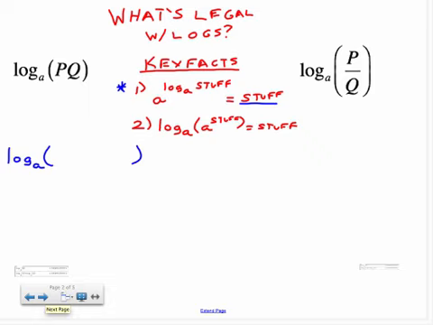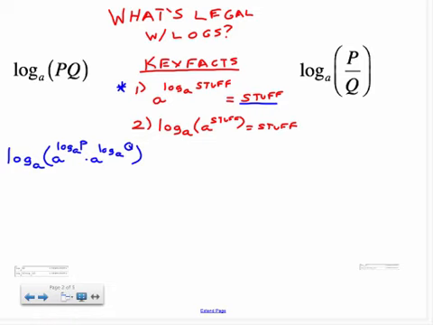So that's what I'm going to write here instead of p: a to the log base a of p. And then I'm going to do the same thing for q. q would become a to the log base a of q. Again, that may not look very friendly or something you would do on your own as being obvious, but it's true using the first key fact.